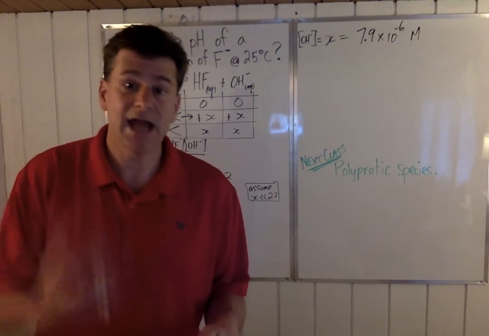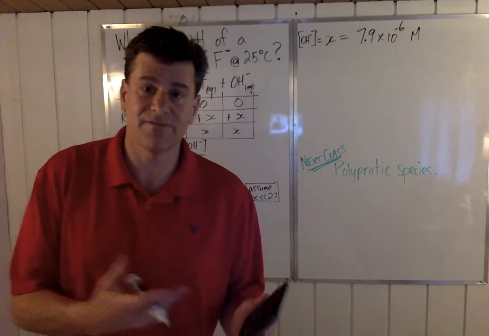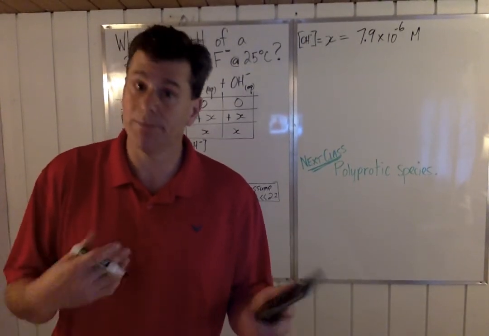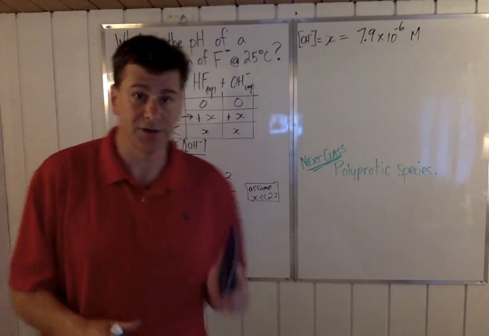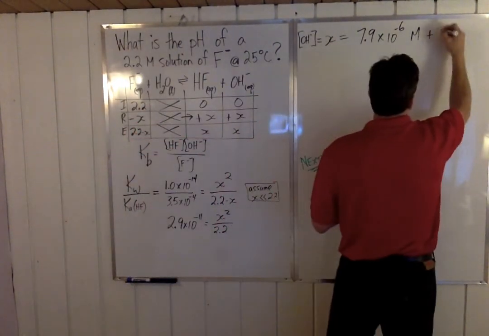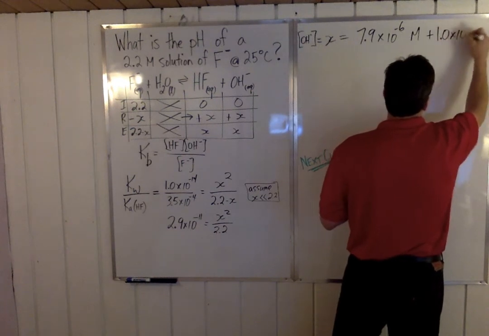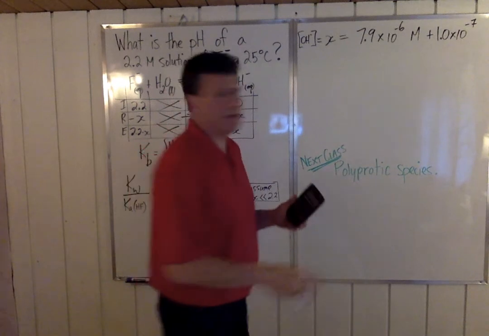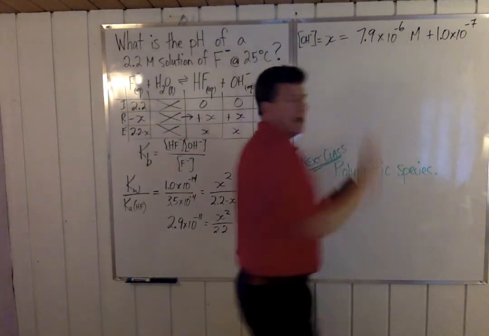Now, technically, we should be taking this value and adding 1 times 10 to the negative 7 to it, because we're supposed to be taking the total amount. So actually, this should be plus 1.0 times 10 to the negative 7. And one of the critical things you should be looking at is that exponent.